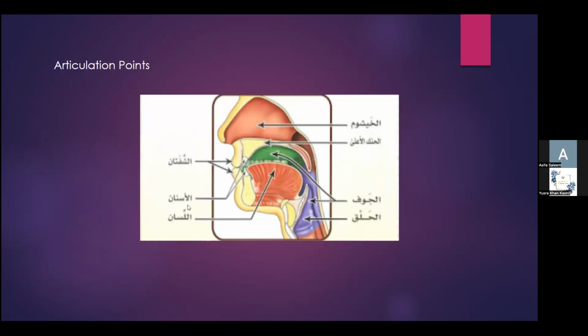Al-Lisan, the tongue, and Al-Asnan, which you can see as the 2 extra, means the 2 teeth. Al-Hanaq al-A'la, the palate. Just consider the 5 main areas of articulation points. We'll learn about al-Hanaq al-A'la or the palate inshallah in the next session slowly.